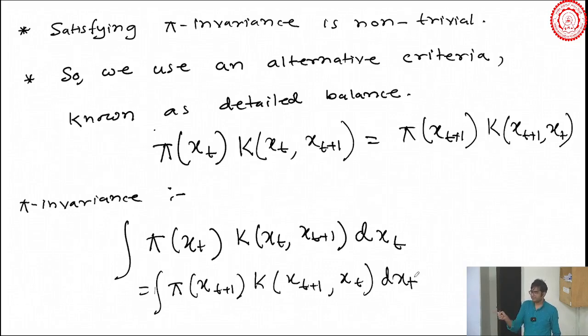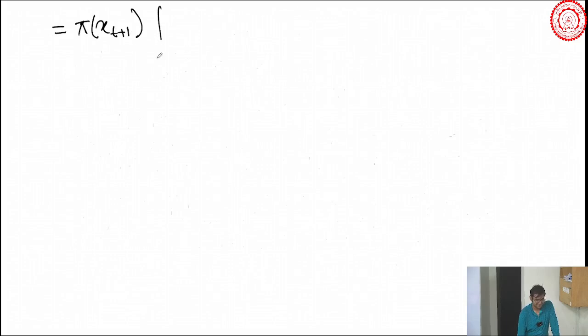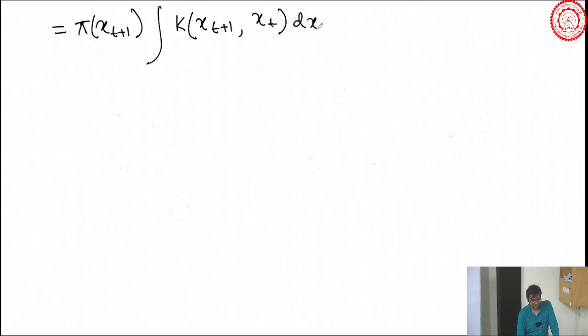It will come outside the integral. And what happens to the remaining term? Why 1? I know it's 1. Pi(x_{t+1}) integration K(x_{t+1}, x_t) d x_t. Now someone said that this integral is equal to 1. Why is it 1?